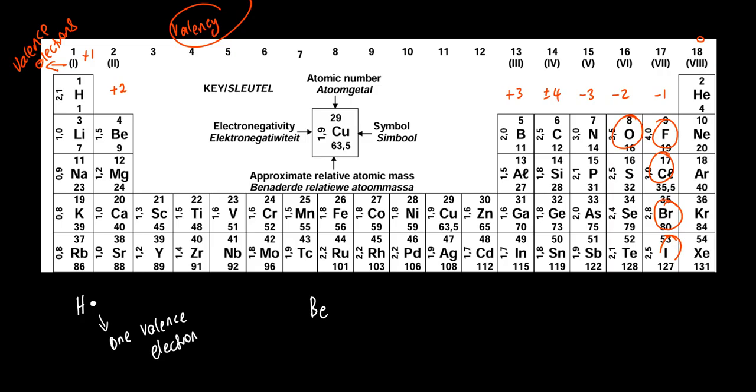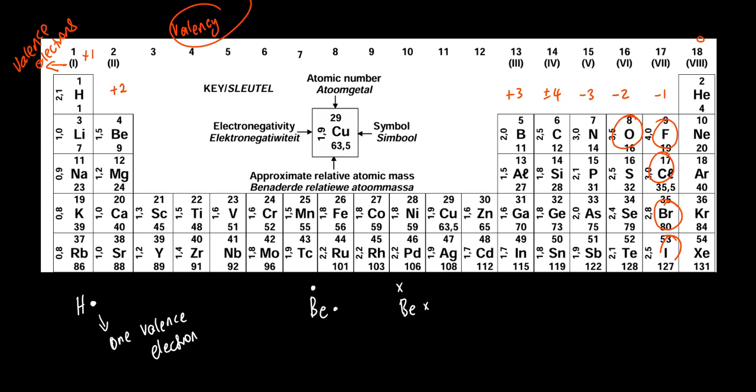So beryllium, you're gonna say 1, 2. Guys, you're not gonna count like this. You're gonna count clockwise. 1, 2. If we decide to use crosses, you're gonna say 1, 2. These two numbers represent that you have two valence electrons.